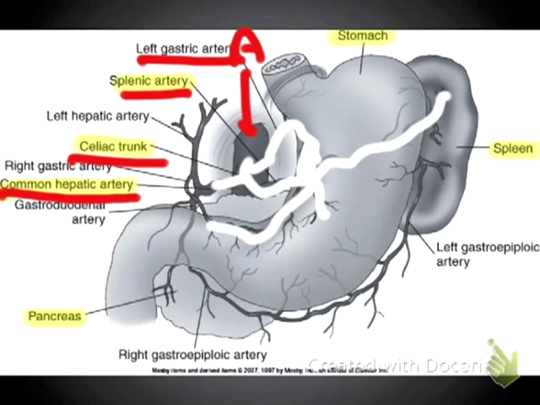We have the common hepatic here that bifurcates once again and becomes several different things, one of which is the right gastric artery. So we see that there is almost a maze here of vessels, but once again, just know the simplistic ones that I have highlighted here in yellow, and also know the left gastric here, we'll highlight it as well.